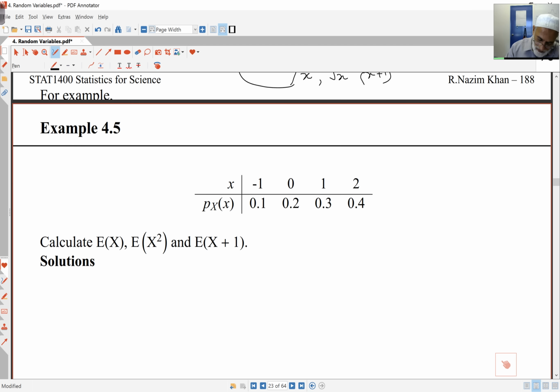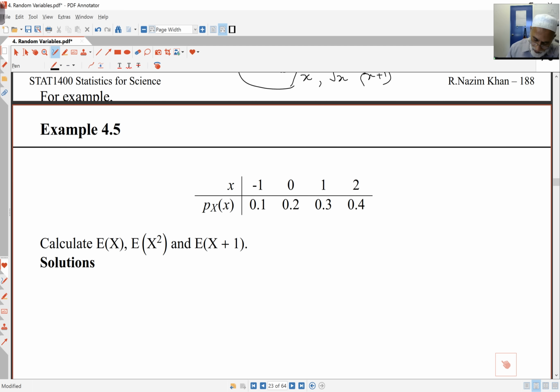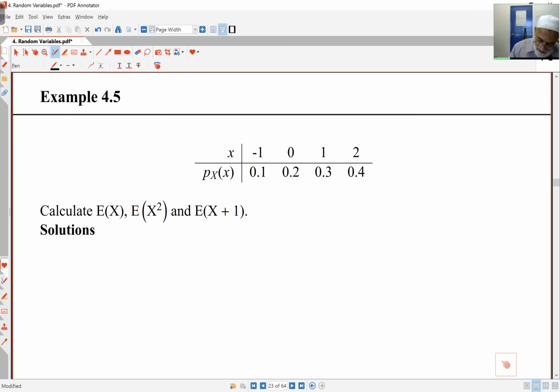So here's an example. I have a probability mass function with values negative 1, 0, 1, 2 with probabilities 0.1, 0.2, 0.3, 0.4. I want these particular means. So E of x is simply the value of x multiplied with the probabilities.